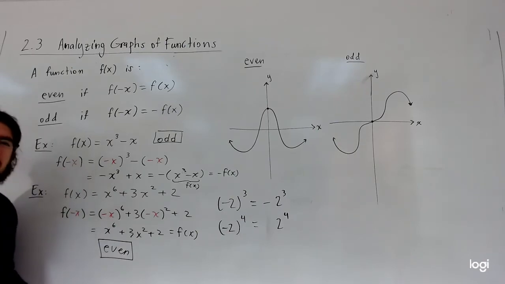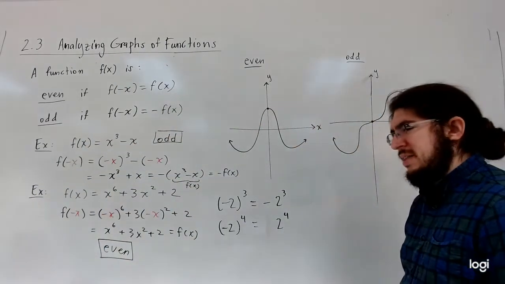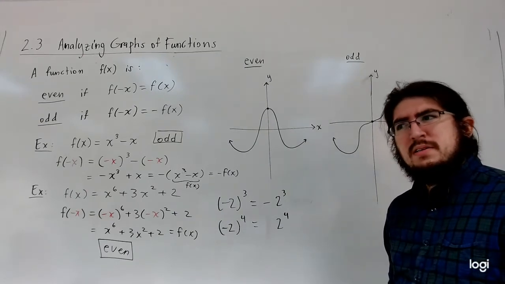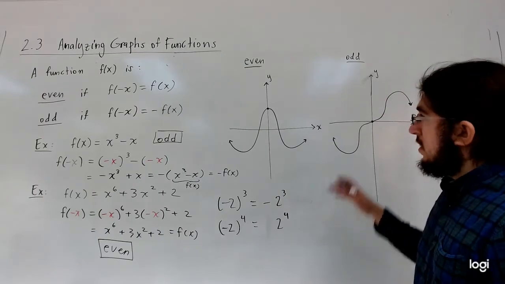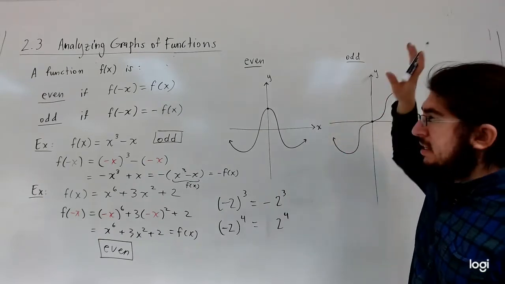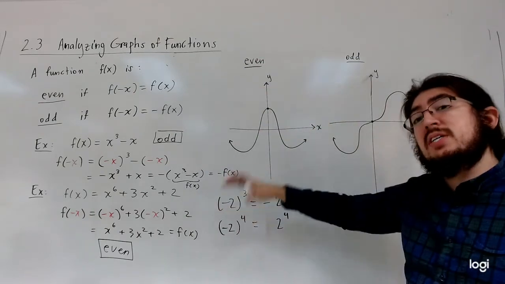Okay, so why do we care about even and odd functions? Well, if you remember back from, I think it was 1.1, where we saw graphs of functions and certain properties of those, there's symmetry. And a graph of a function will have certain symmetry depending if the function is even or odd.